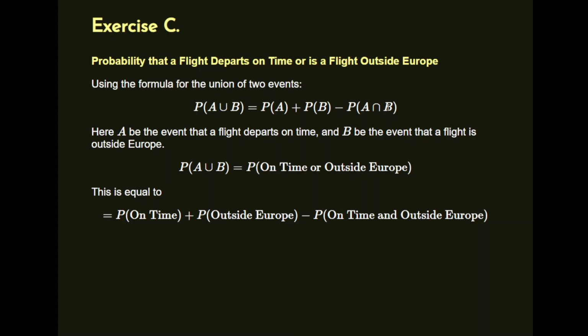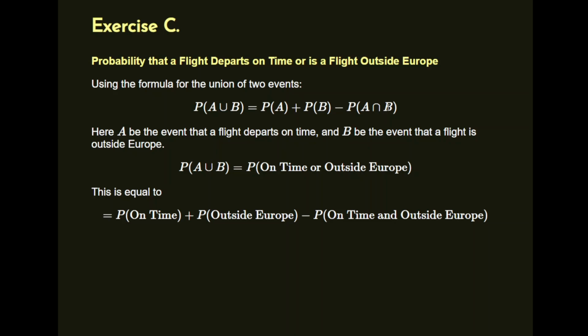Here we use the union of two events, the formula for the union of two events. This is where we start to get used to some of the notation used in the introduction to probability. So the probability that a flight departs on time or is a flight outside Europe. Just reread that question: departs on time or is a flight outside Europe.